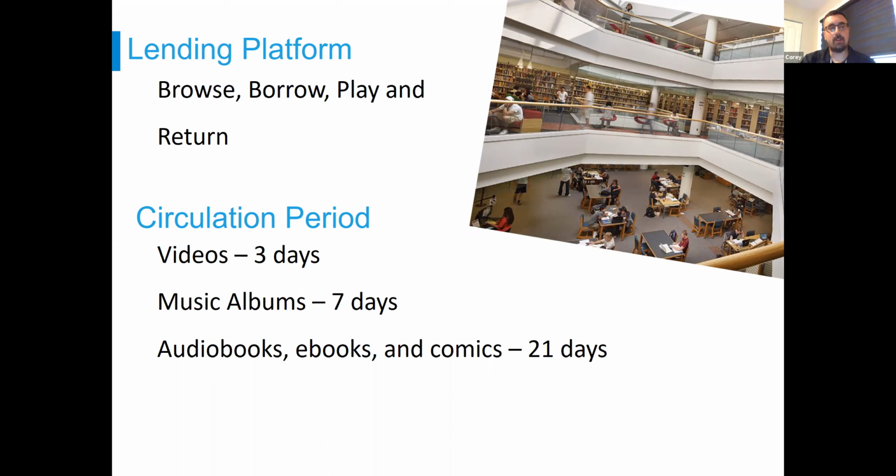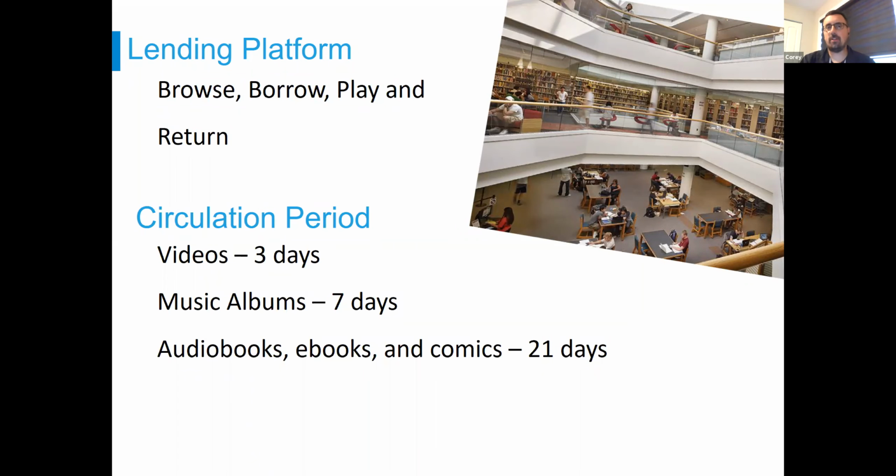The one thing I want to stress is there are no late fees with Hoopla, so everything auto returns when the time's up. So you don't have to worry about hopping in and returning something. If you forget to do that, it's automatically going to return, and you don't have to worry about anybody not being able to get the item because you have it checked out, because there are no holds.